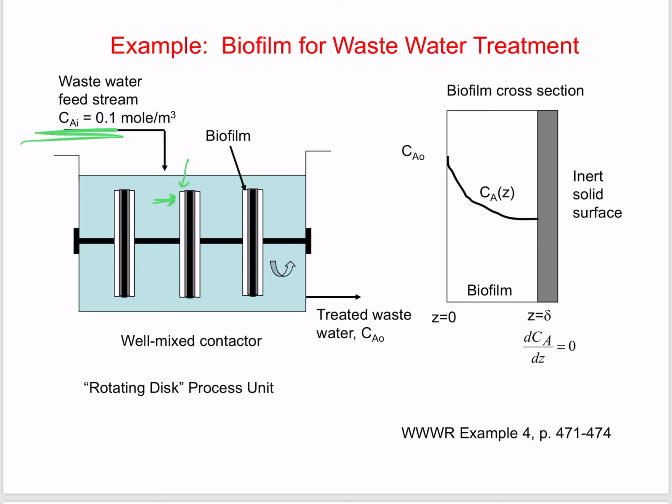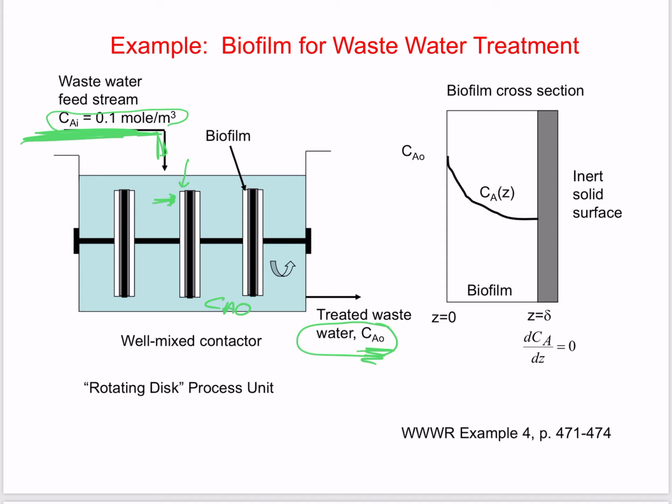So water's coming in here with the phenol as a contaminant at this particular concentration, and it's being treated by the biofilm, and so the concentration that's coming out has decreased. And of course, if this is the concentration coming out, then the concentration, since it's well mixed, has to be Ca0 in here as well.